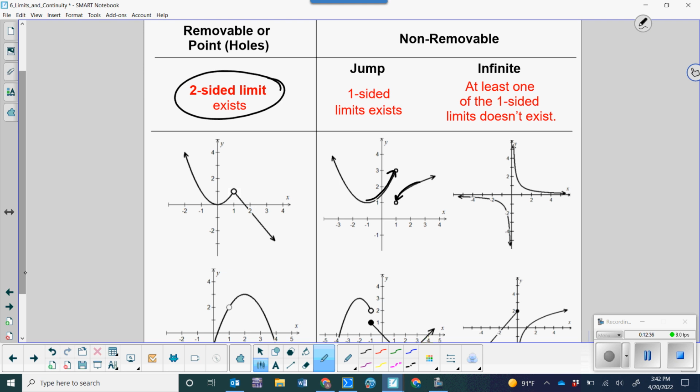An infinite discontinuity, at least one side of that discontinuity, your graph is going to infinity. So your limit doesn't exist, which is the same as going to infinity. We just normally describe it as infinity.